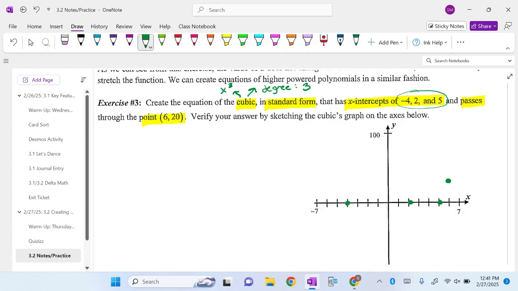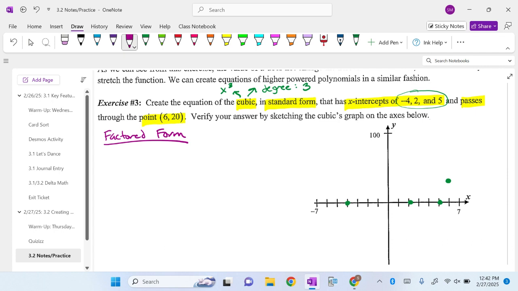So first things first, we're going to put it in factored form. Now, a function can only have the number of zeros that matches its degree. So there's 3 zeros and we have a degree of 3.